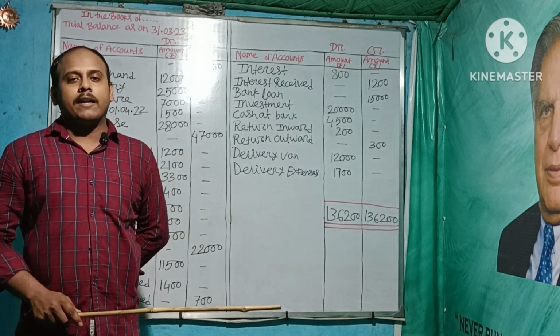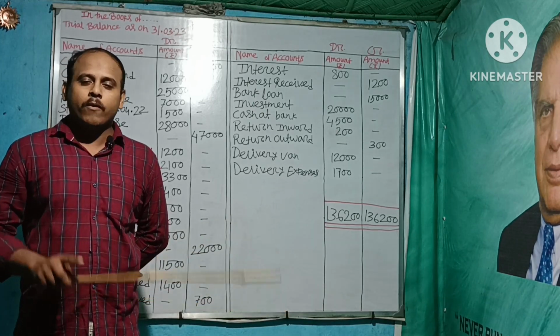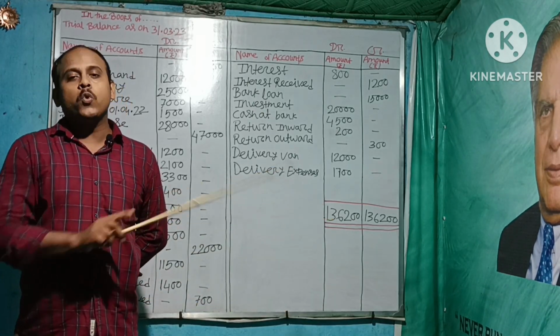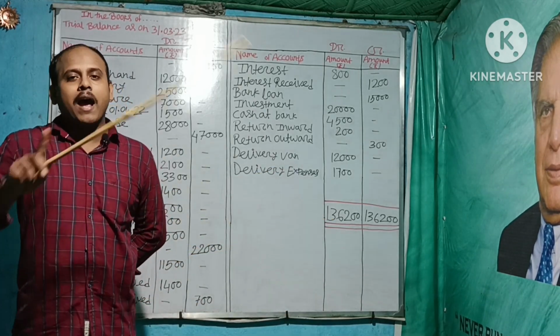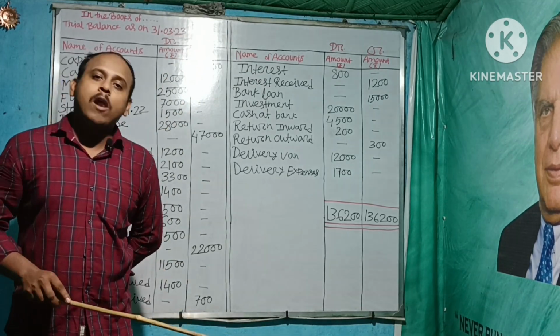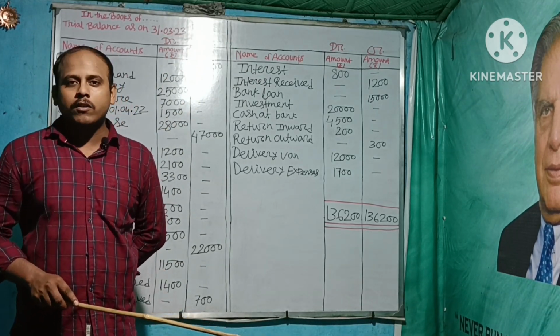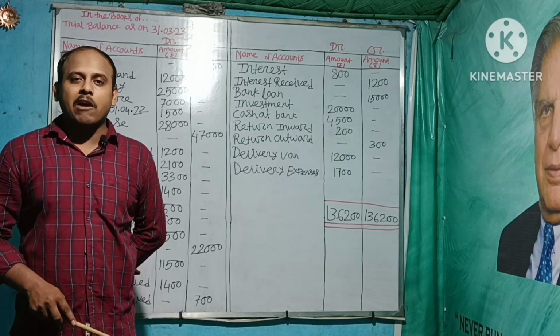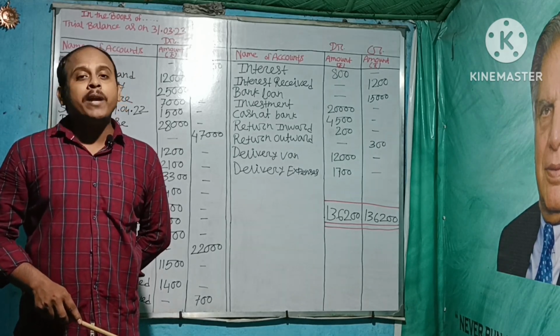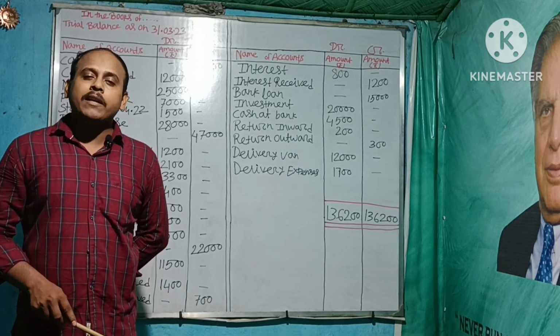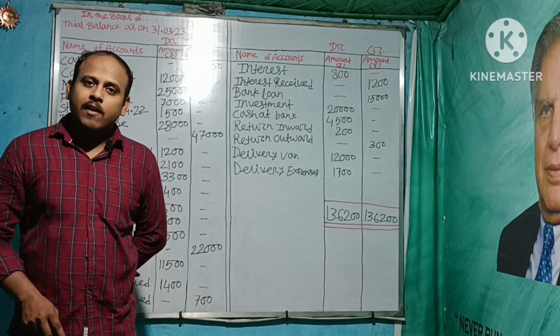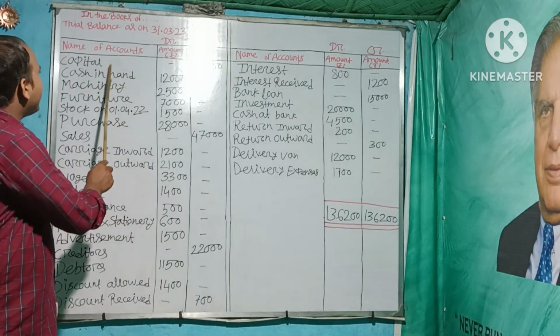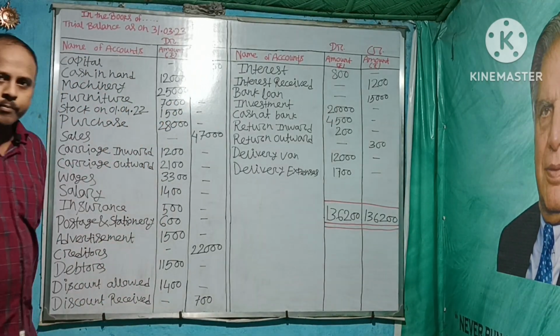We open the cash account and write to capital. When we write the capital account, it is put by cash account. If we close this capital account, then balance BD will come on the credit side. For that reason, capital balance is always credit.